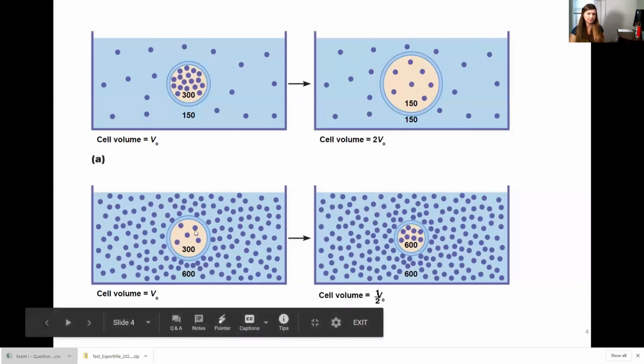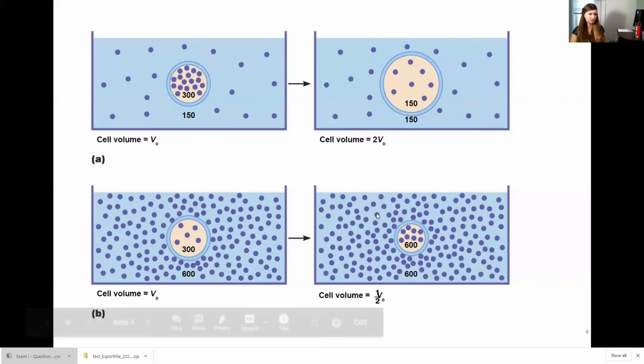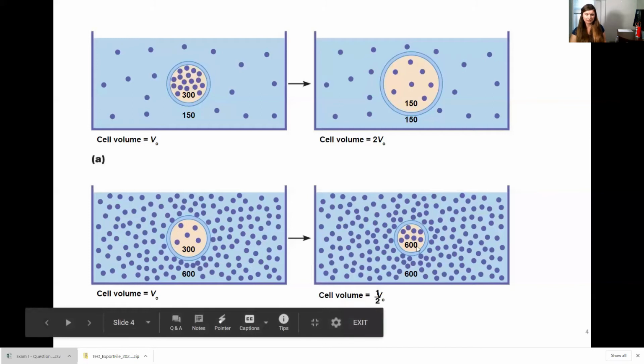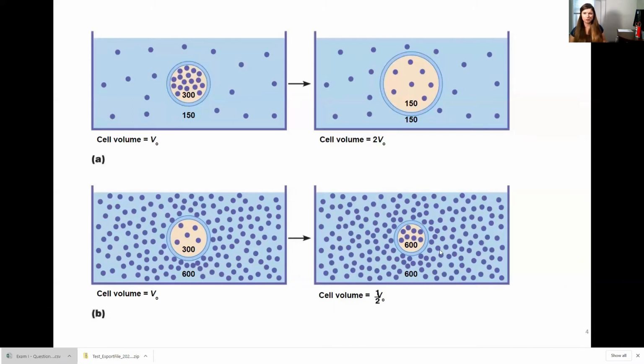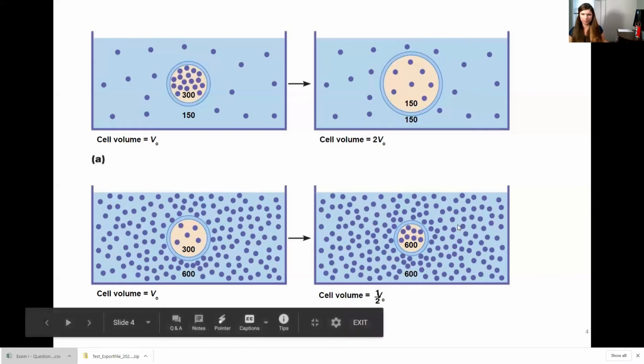We want these both to have the same osmolarity. And we can see that this shrinks the cell. So we can see that this cell is half the size in volume to get those osmolarities to match. So as we shrink the volume of the cell, we basically up the concentration inside that cell. So remember that the word for this happens to be crenation, right? It's a thing that happens with osmosis.